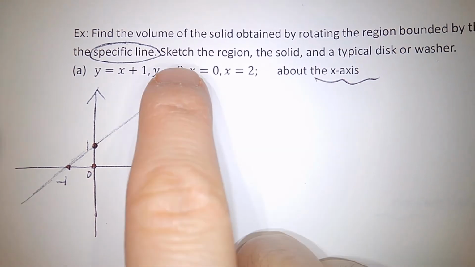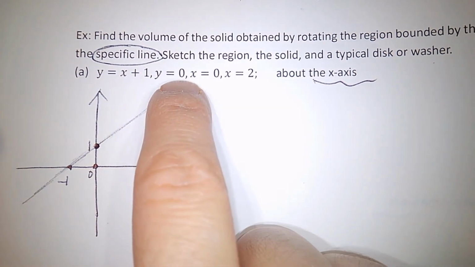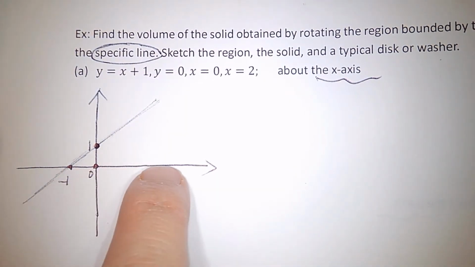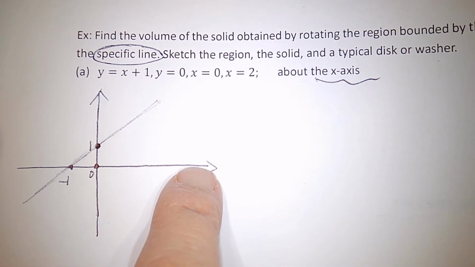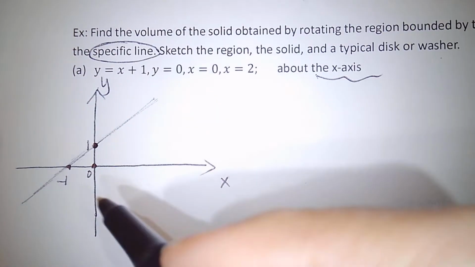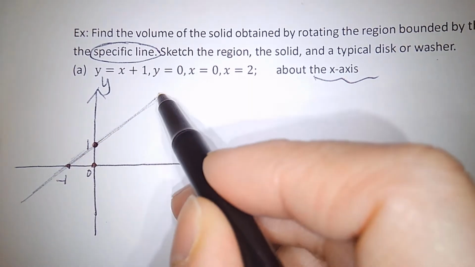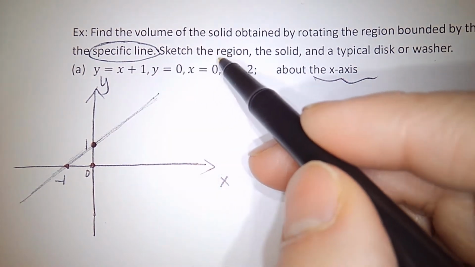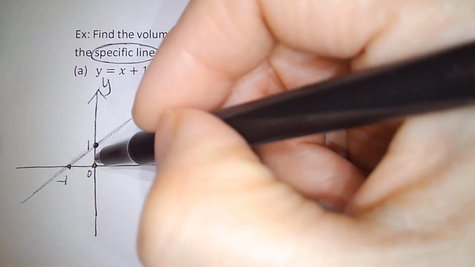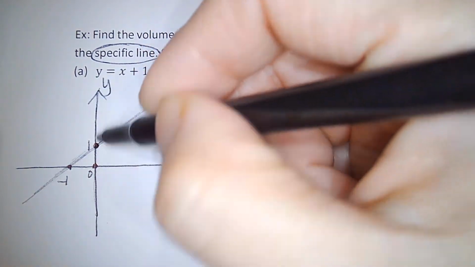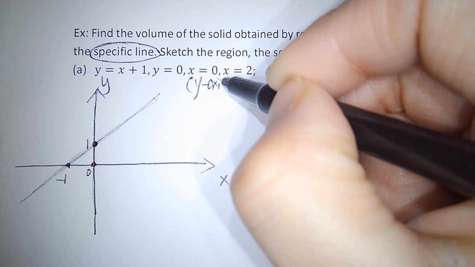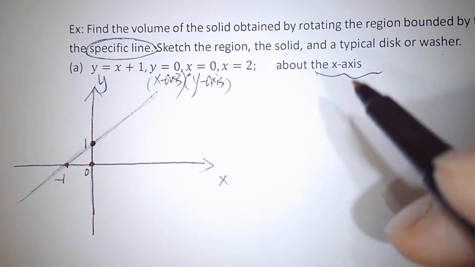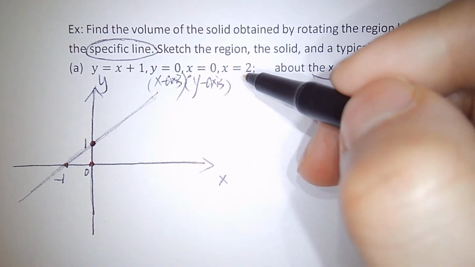Then y equals 0 is the x-axis. Our region will be bounded by this line, and x equals 0 is the y-axis. And then also the vertical line, x equals 2.